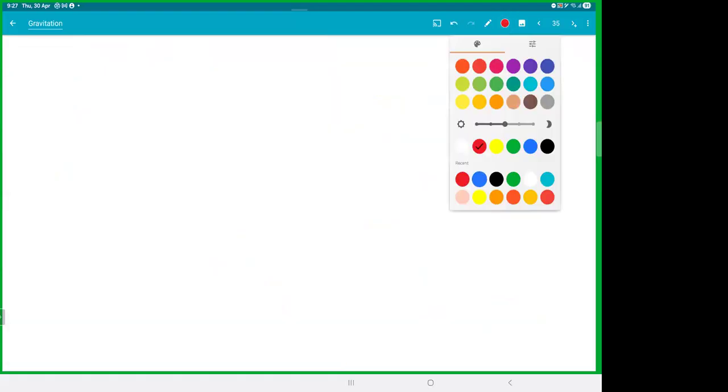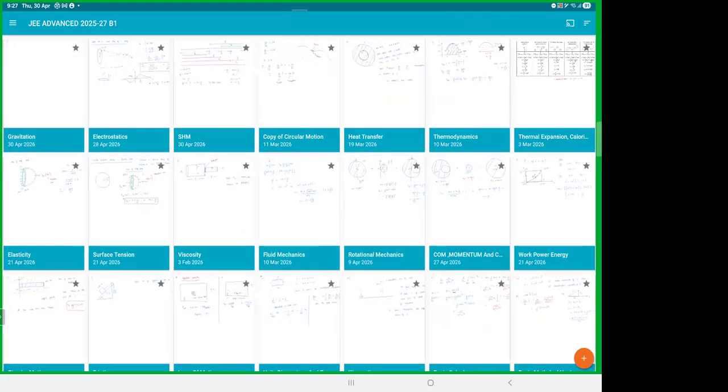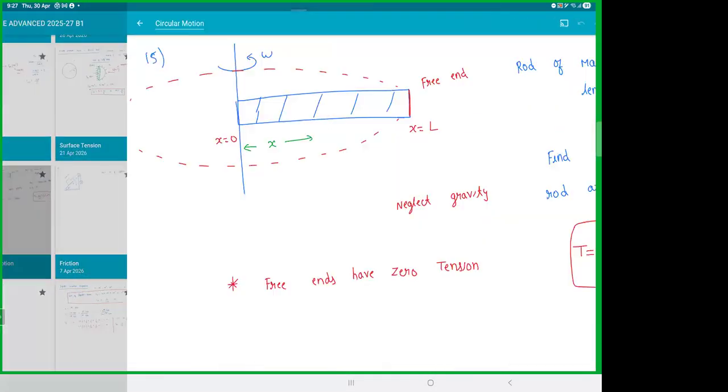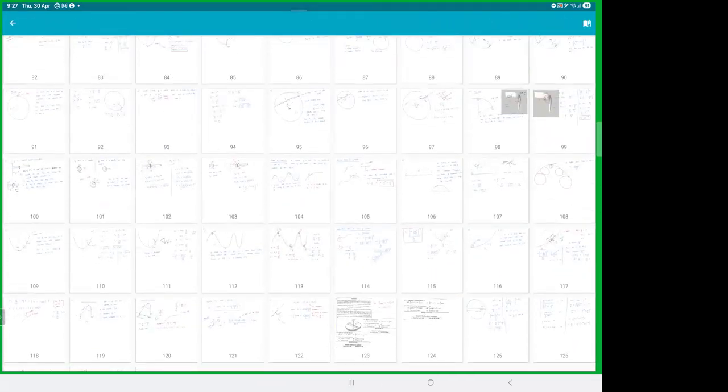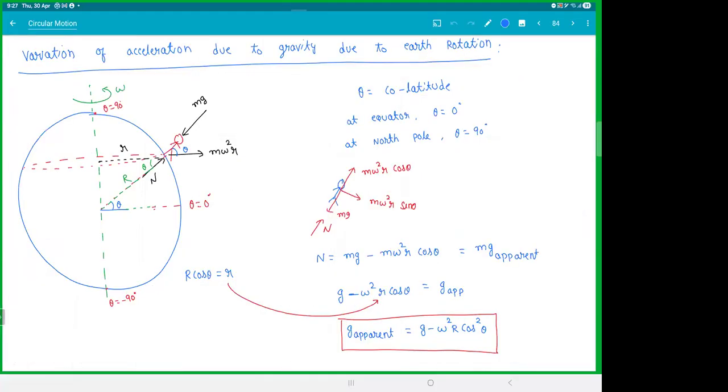The third one, this we have done in circular motion, if you remember, is variation with rotation. Because of the planet's rotation, the centrifugal force makes it feel like the gravity has decreased. This we did discuss in circular motion in detail. If you guys remember, variation of acceleration due to gravity.